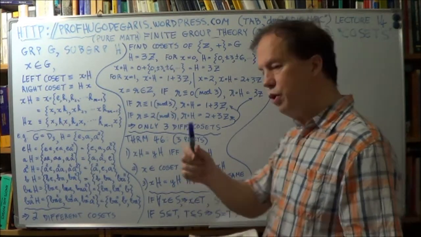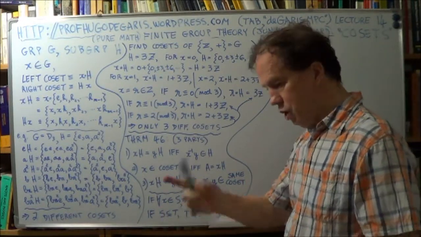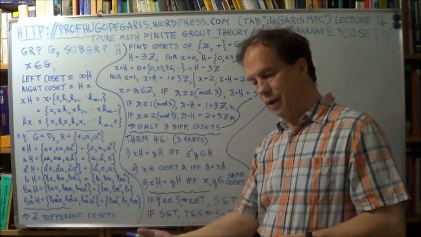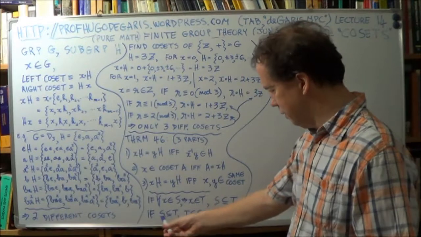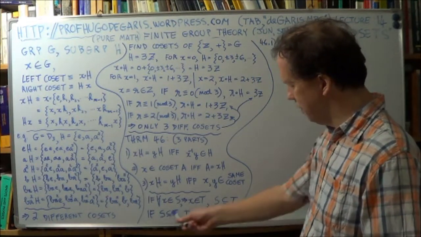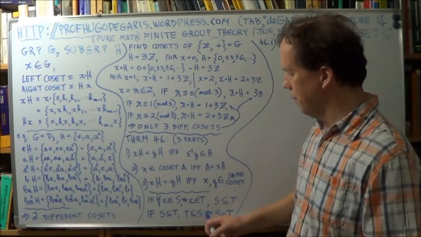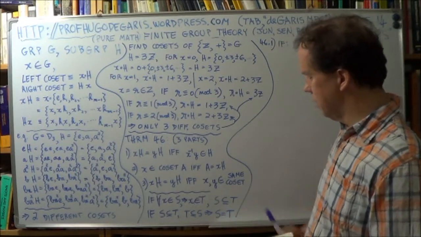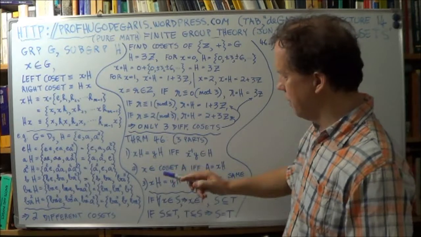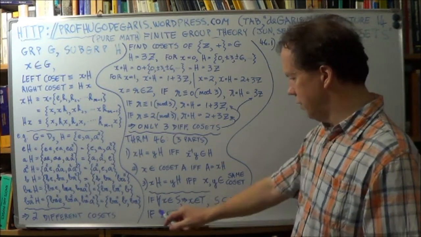Now, how do you prove two sets are equal? By showing one is a subset of the other, and the other is a subset of the one. So S is a subset of T, and T is a subset of S. So that implies they're equal. The only way you can have these two being compatible is if they're equal to each other, S equals T. So to prove, when we go this way from right to left, that these two sets are equal, we will use this strategy.